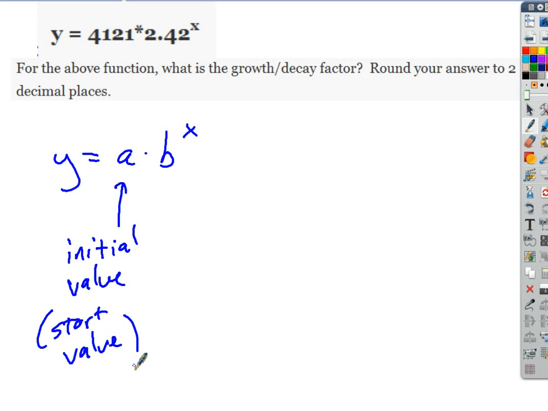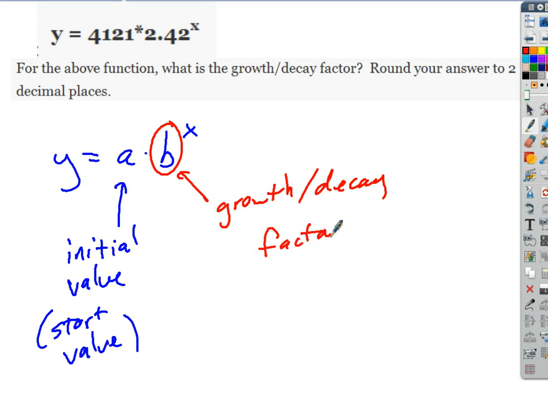This could be an example of an investment, how much money we put in the bank to begin with. That's the starting value. And this right here is what we call the growth or decay factor. If it's getting bigger, it's growth. If it's getting smaller, it's decay.